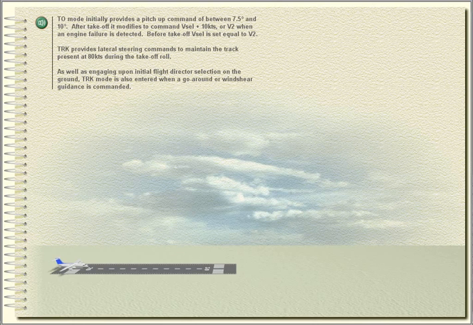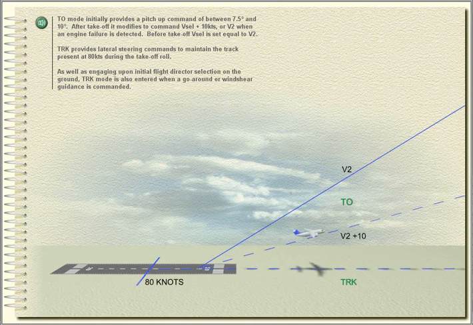Track provides lateral steering commands to maintain the track present at 80 knots during the takeoff roll. As well as engaging upon initial flight director selection on the ground, track mode is also entered when a go-around or wind shear guidance is commanded.